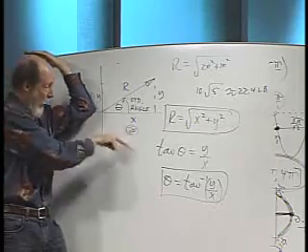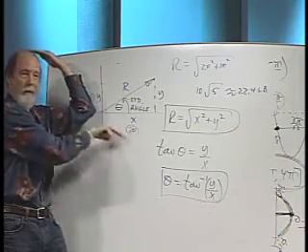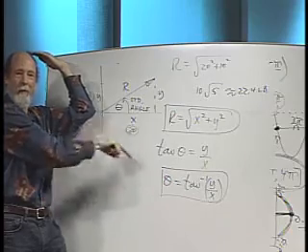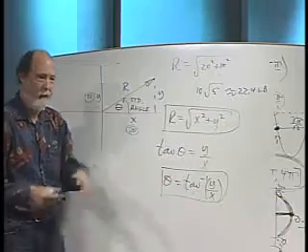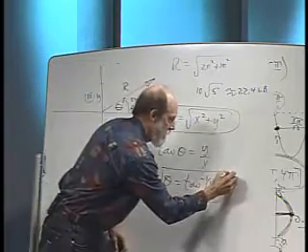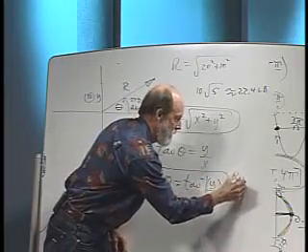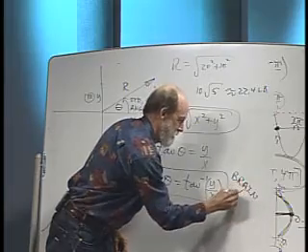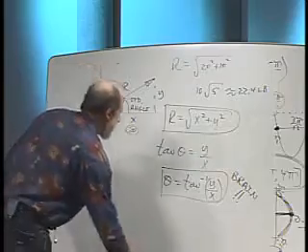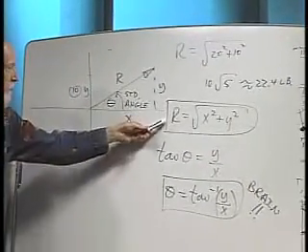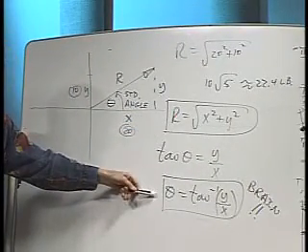It's going to give you that direction down here because of the inverse tangent function. So always draw the sketch, and when you're doing the direction, always use your brain. Very important. Magnitude, direction. Got it?